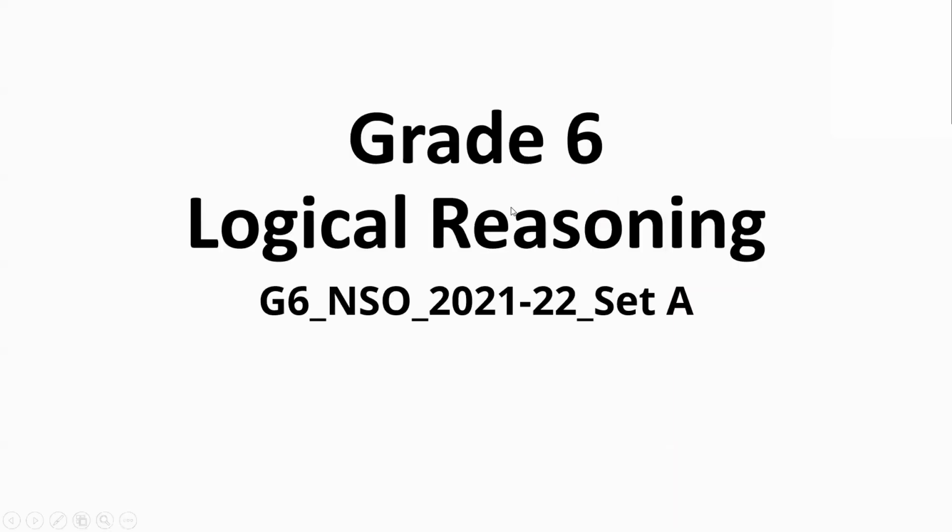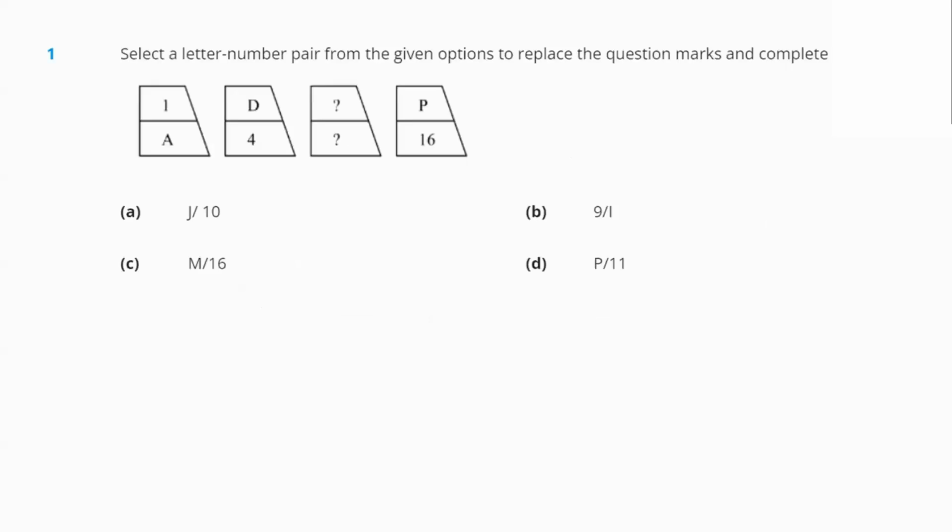Moving on to the grade 6 science logical reasoning NSO 2022 set A first question. It says select a letter-number pair from the given options to replace the question mark and complete the series. In this, we see that there is a combination of number and letter series, and the number represents the face value of the alphabet.